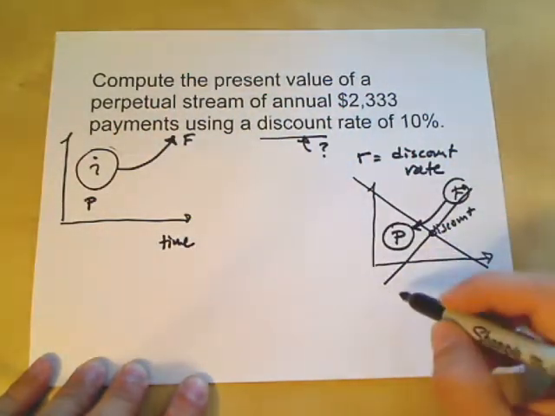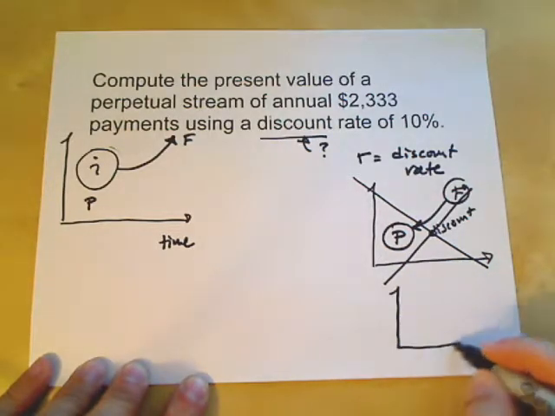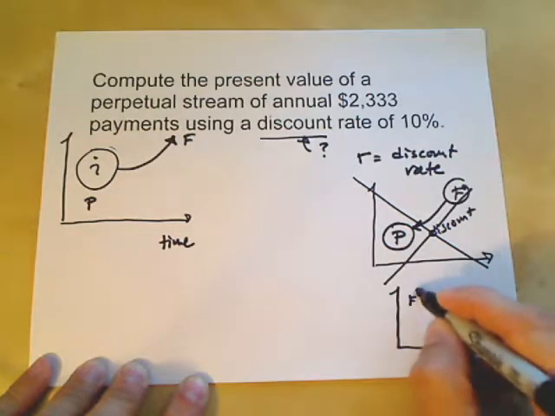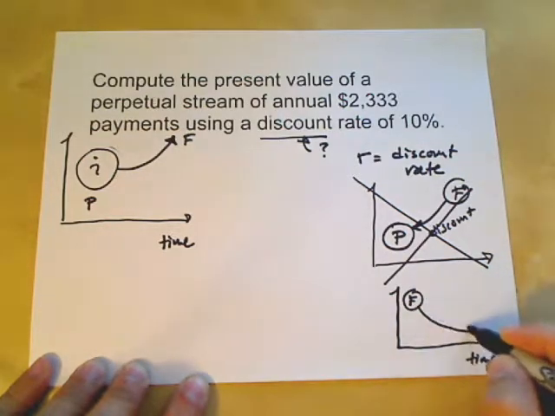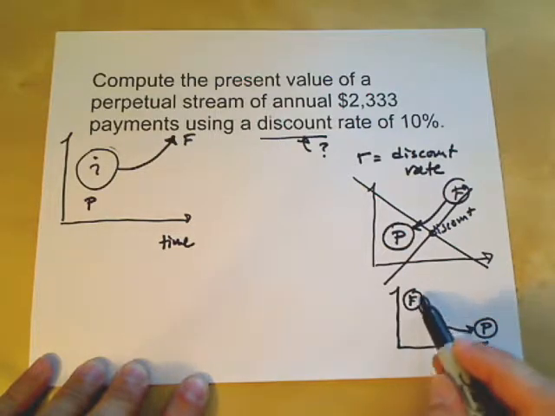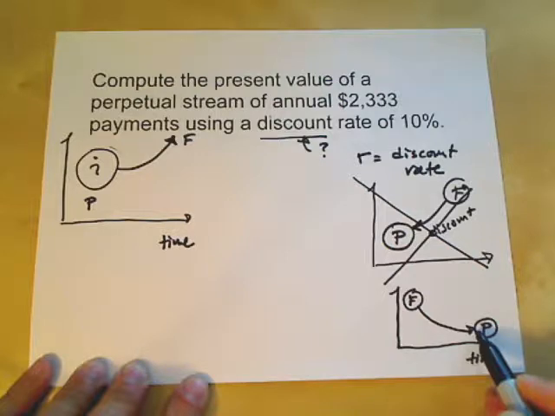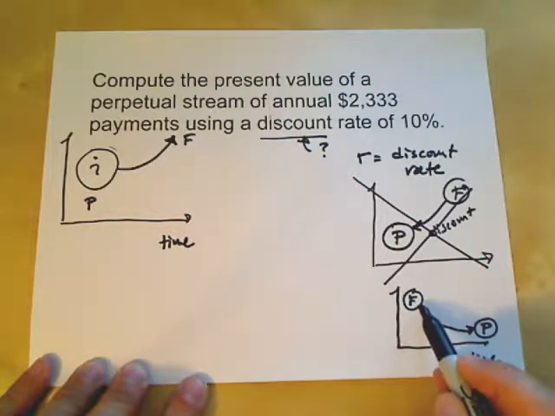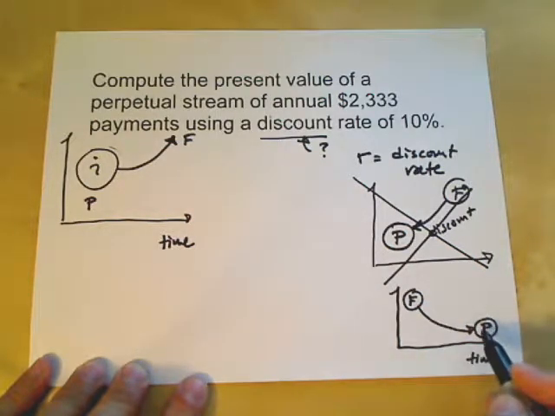The way the discount rate works is that the further forward the F, the further away it is in time, the less valuable it is today. $1 million in 10 years is not worth $1 million today, and $1 million 100 years from now is worth less than $1 million in 10 years.